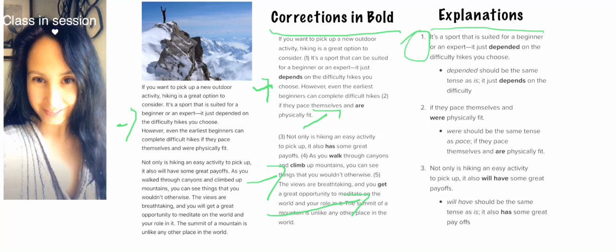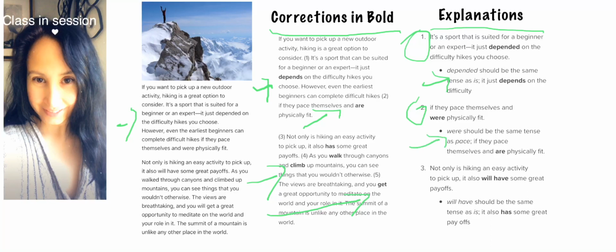Number 1, it's a sport that is suited for a beginner or an expert. It just depended on the difficulty hikes you choose. Depended should be the same tense as is. It just depends on the difficulty. 2, if they pace themselves and were physically fit.